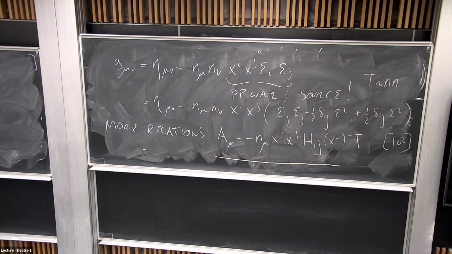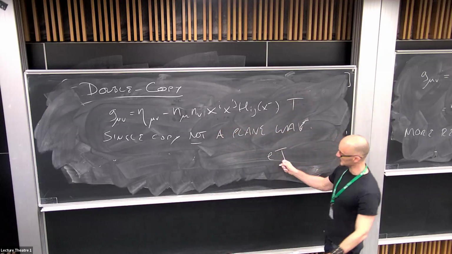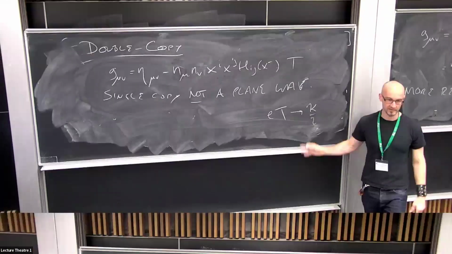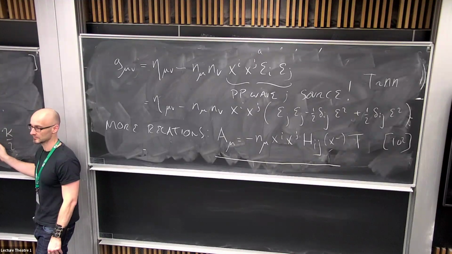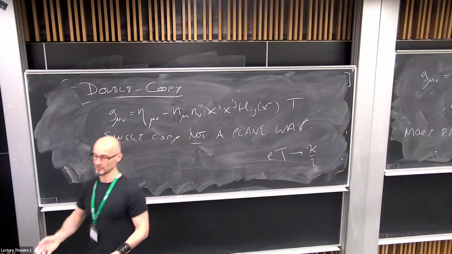At this level, with these simple examples, the color doesn't matter. You just cover it up. You include it in your maps. You say, okay, wherever I see E times the generator, that's what I replace with kappa over 2. And you put in whatever you need to get the dimensions, right? It doesn't play any role. So in all the examples I'm writing down, the non-abelian structure doesn't really matter.